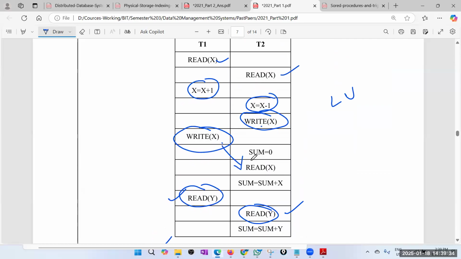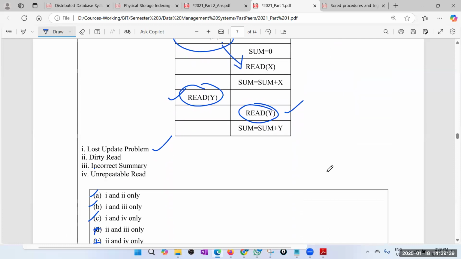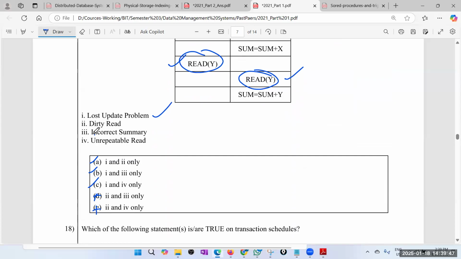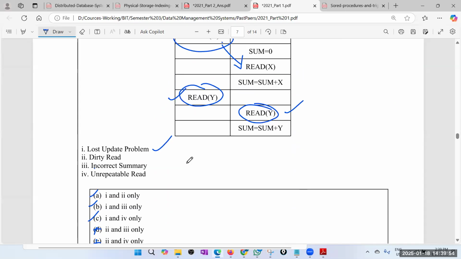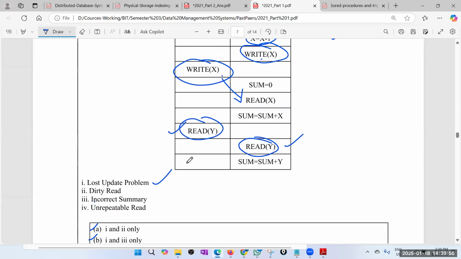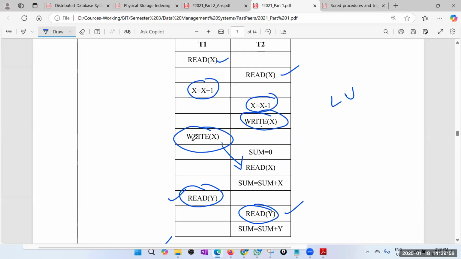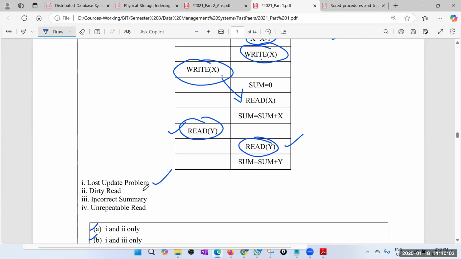It looks like dirty read. Dirty read means updated value is read. This is an updated value, right? It looks like dirty read is there.